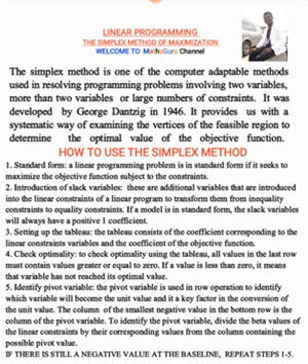Number 1. Standard form. A linear programming problem is in standard form if it seeks to maximize the objective function subject to the constraints. Number 2. The introduction of slack variables. These are additional variables that are introduced into the linear constraints of a linear program to transform them from inequality constraints to equality constraints.